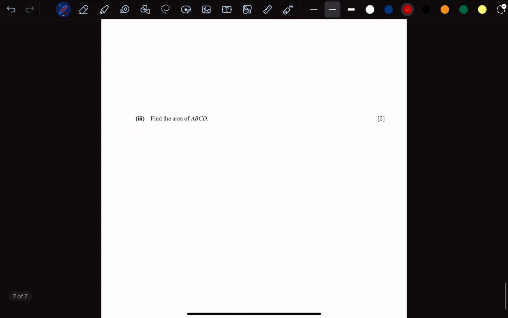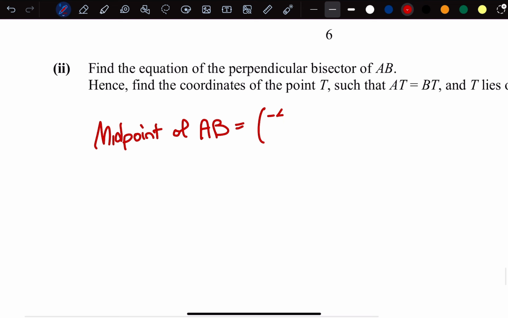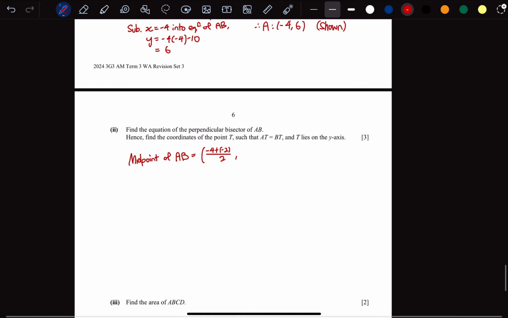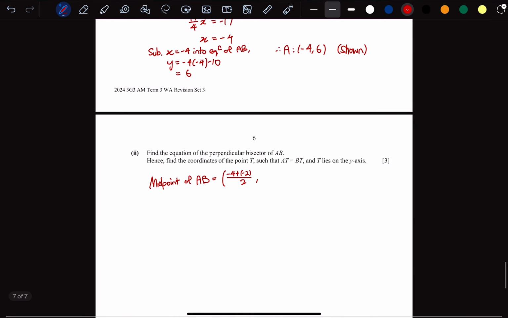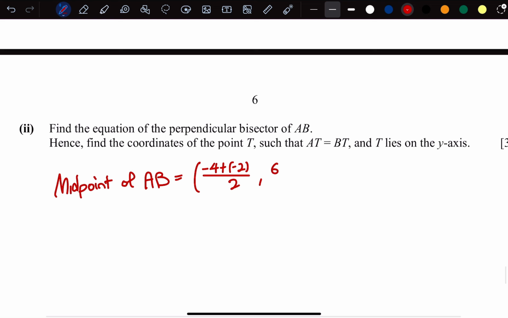So I start with the x coordinates first: negative 4 plus negative 2, divided by 2. And the y coordinates: 6 plus negative 2, divided by 2. You will find that the midpoint of AB is negative 3 comma 2.